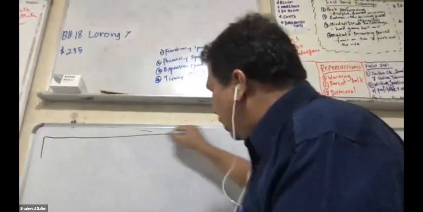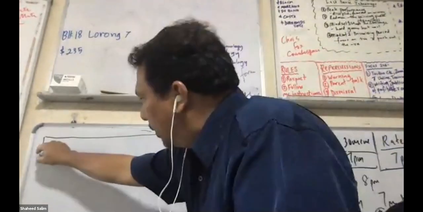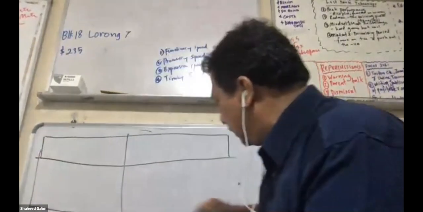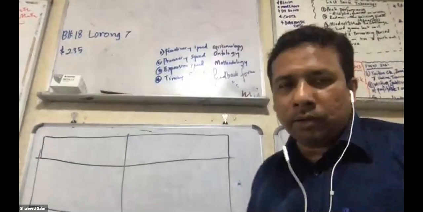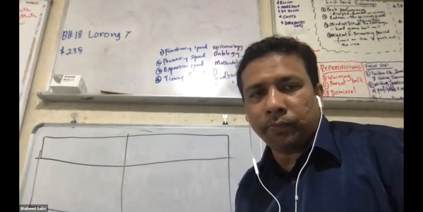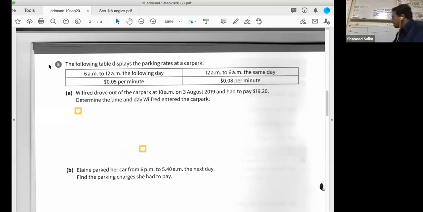I'm going to write a similar question, and then we're going to work it out, and then we're going to work it backwards. Now, let us look at the thing here. It's the same thing from 6 a.m. to 12 a.m. You know what time is 12 a.m.? Midnight, right?